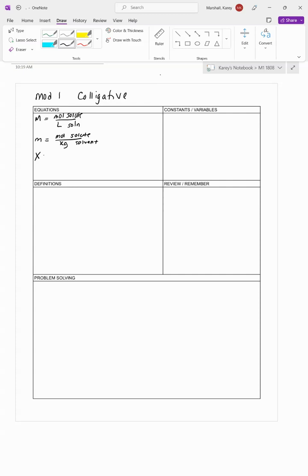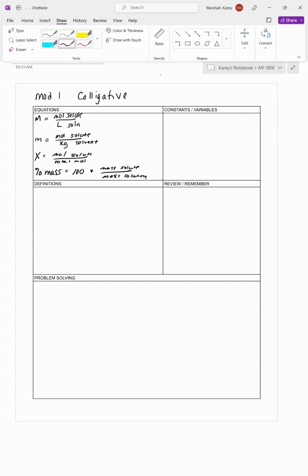You will need to know X. Now, X is what's called the mole fraction, and that's going to be moles of solute over total moles in the system. We also have percent mass. So these are our concentration equations. So percent mass is going to be 100 times the mass of the solute divided by mass of the solution.